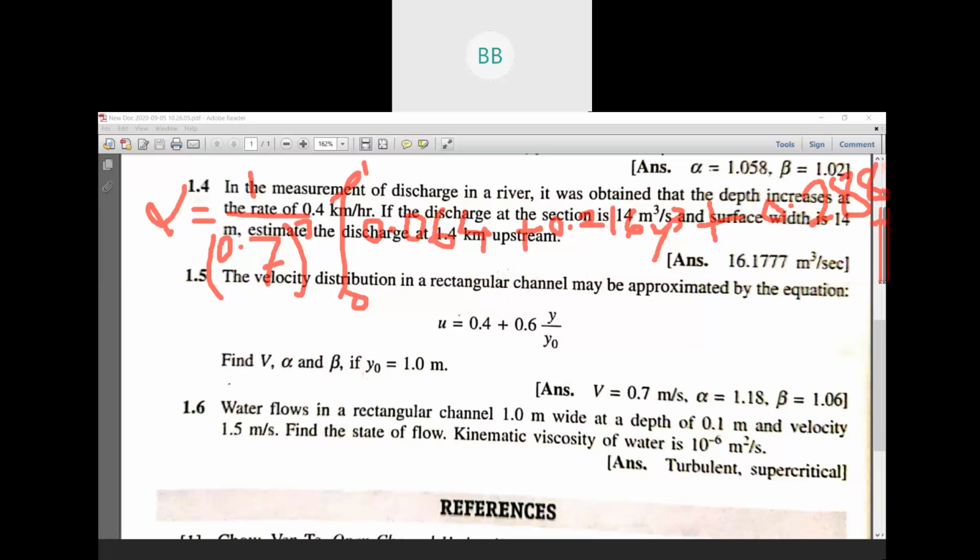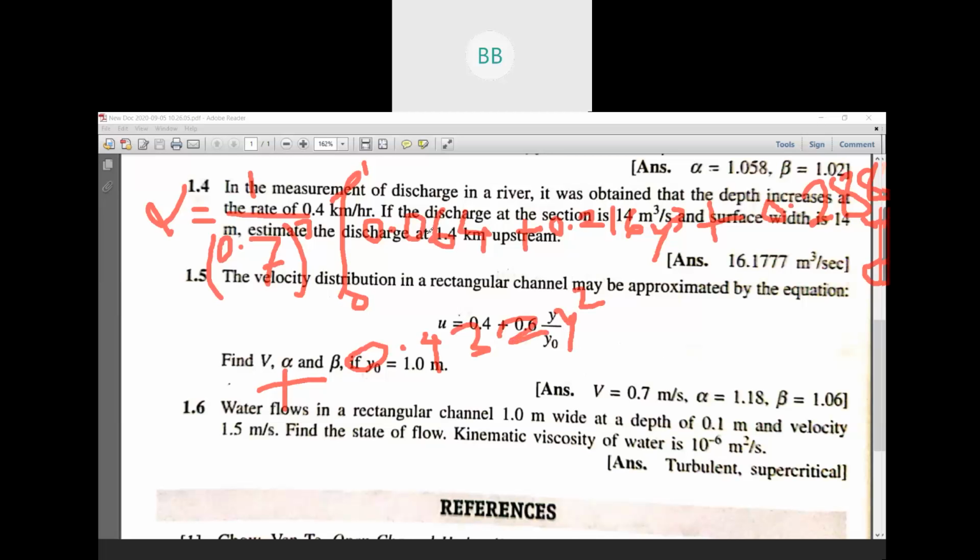Next is thrice a b square. So as a result you are going to get 0.432 y square.